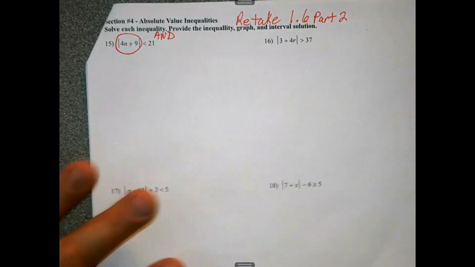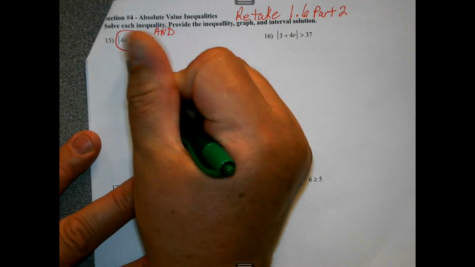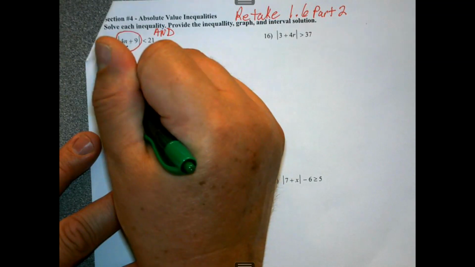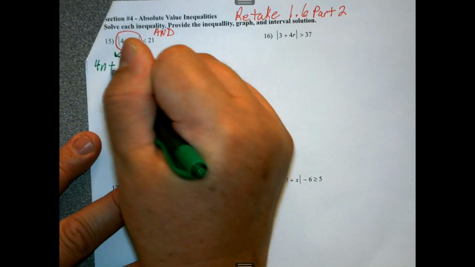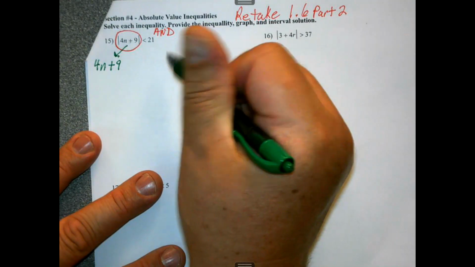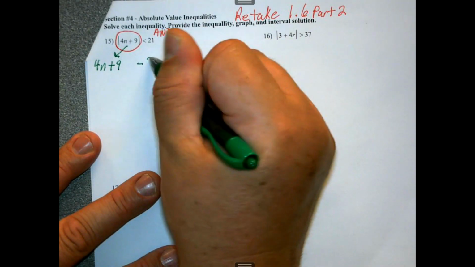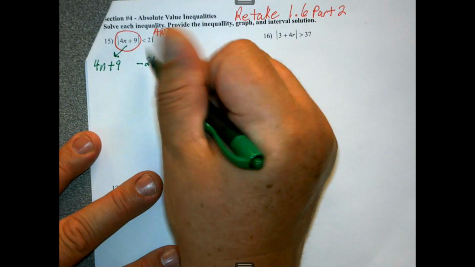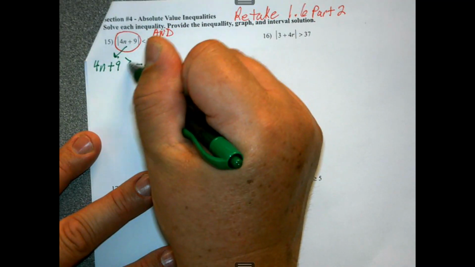Go ahead and separate it if the absolute value bars are isolated. Take what's inside, 4n plus 9. I like to begin with the negative sign, so I'm going to use negative 21, going from a positive to a negative. I'm going to flip the sign.